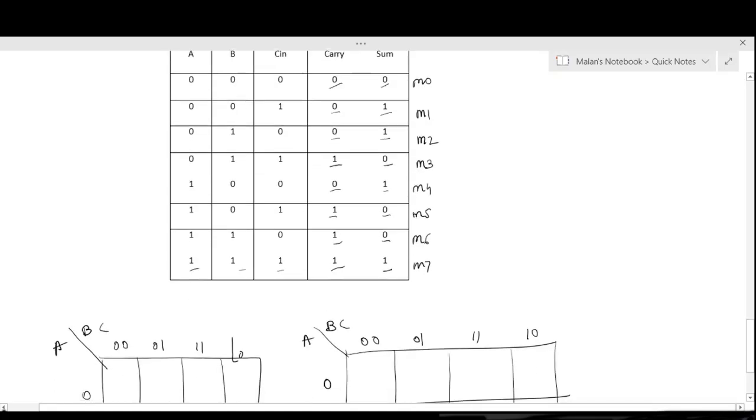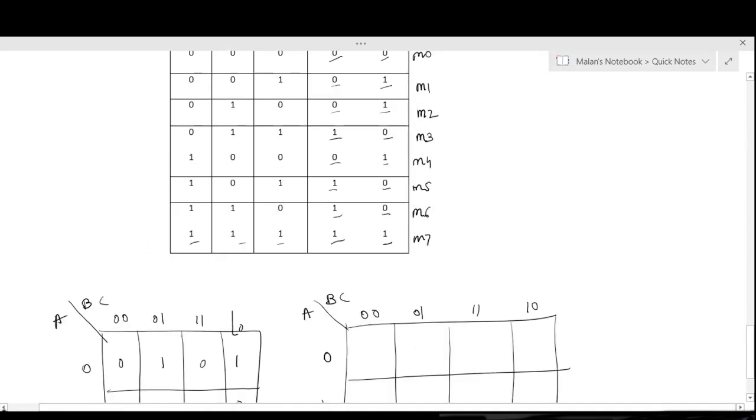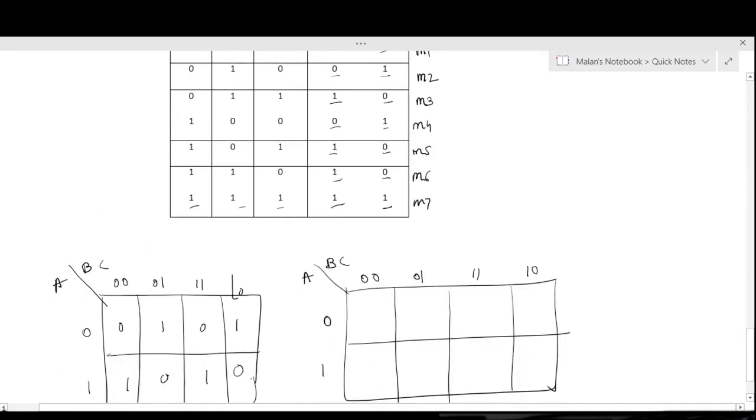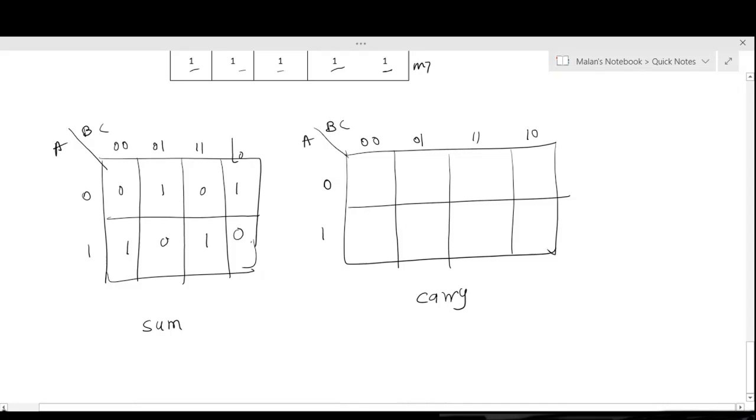Now directly I can plot the values: M1, M2, M4 and M7 are ones. Remaining are zeros. Now we'll try for pairs. Is a pair possible? No, a pair is not possible. All ones are isolated ones. So circle the ones.